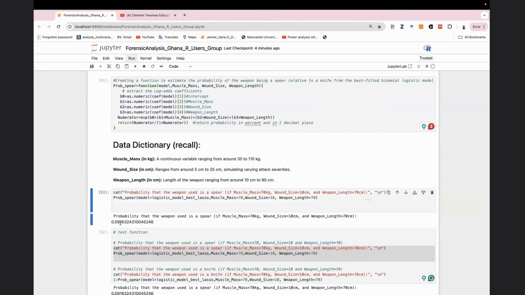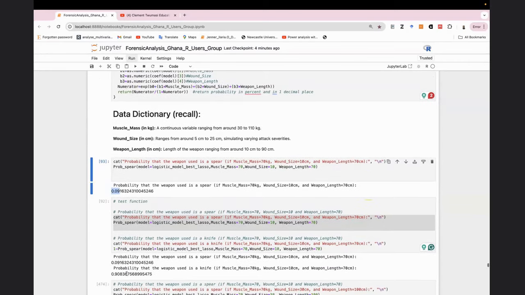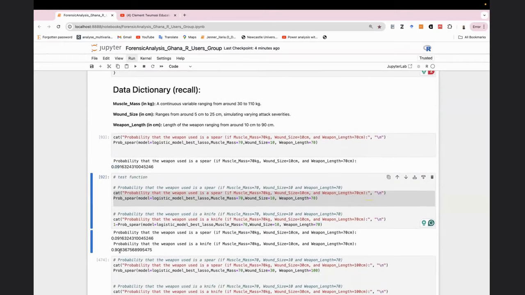So if I find this, the probability that it was a spear is 0.09. That is low. Then it means that the probability that it was a knife is 1 minus that, and that is 90%. So there's a 90% chance that if this is the information we recorded, then certainly that weapon was a knife.